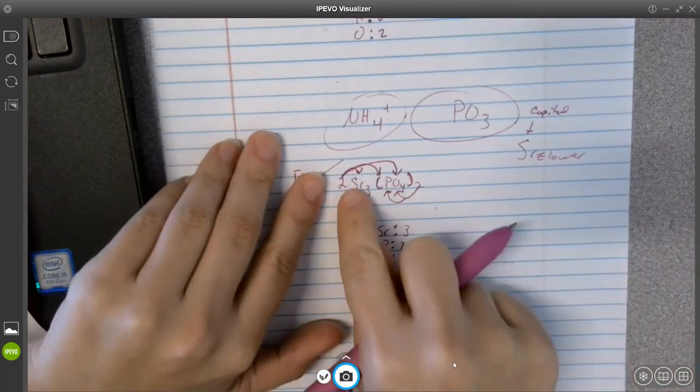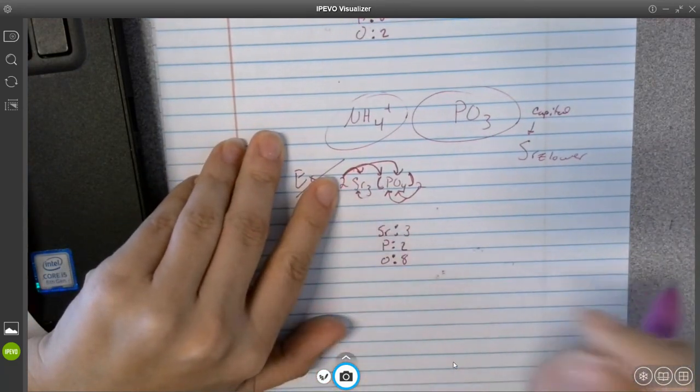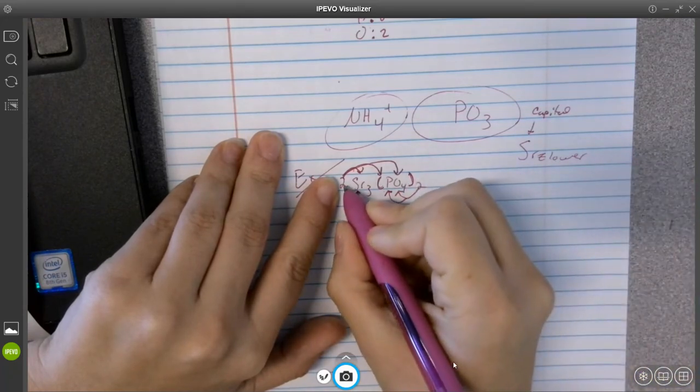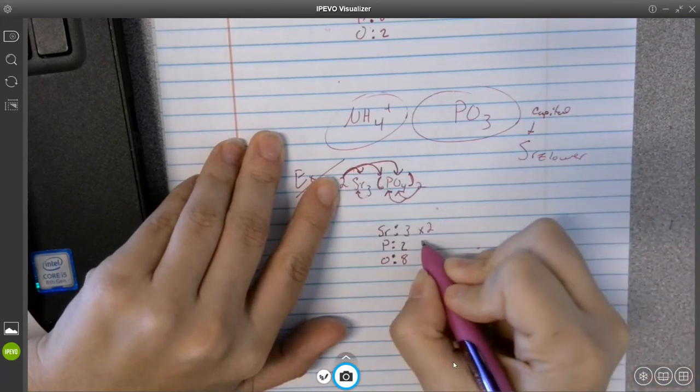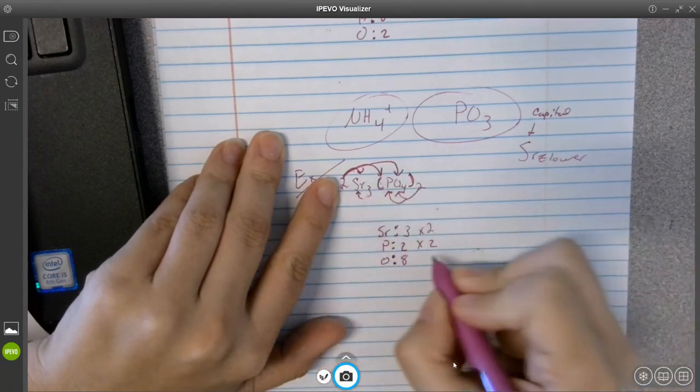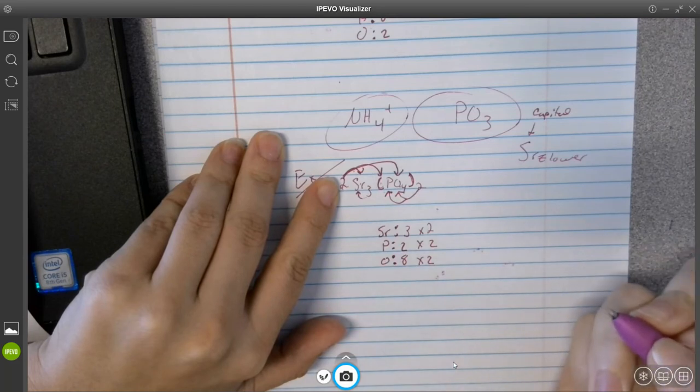Now let's go back and look at our coefficient. This coefficient would be, again, multiplied, so 2 times 3, 2 times 2, and 2 times 8.